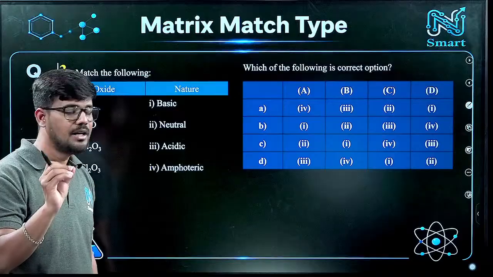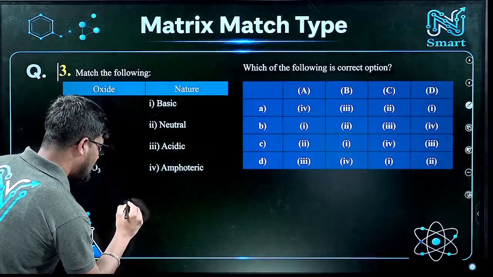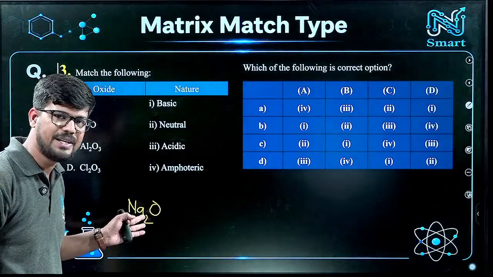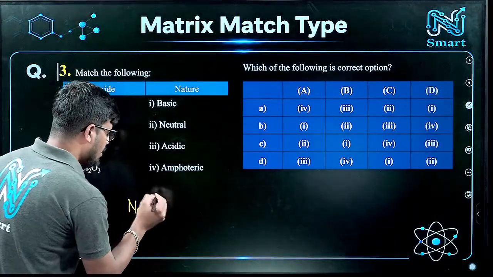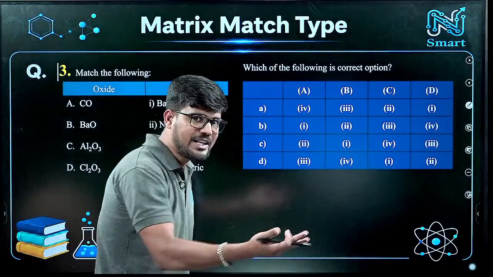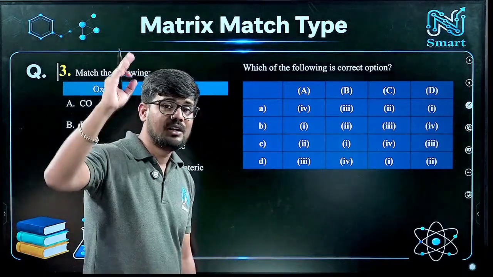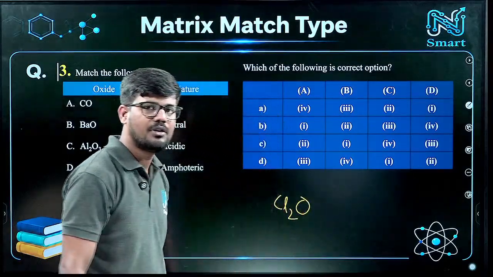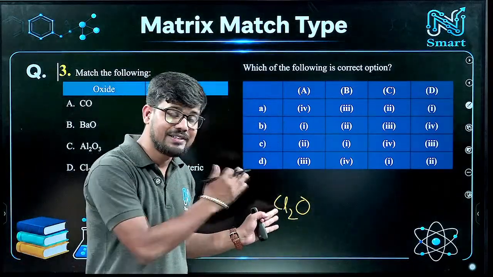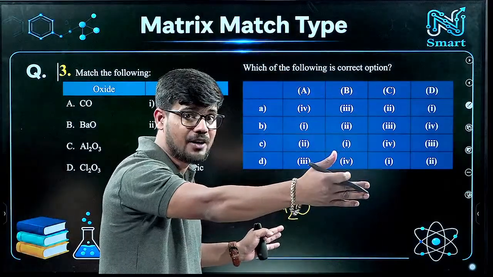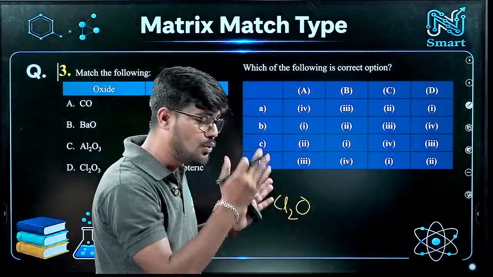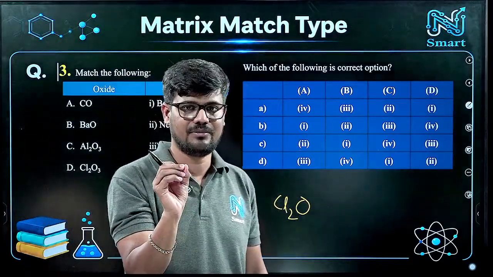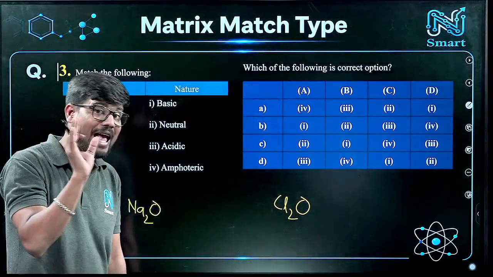If I give an example, Na2O, sodium oxide, basic oxide, right? If I consider non-metal oxide, let's consider Cl2O. Both are non-metals, and chlorine is towards the right side of the periodic table, right? So when something comes from the right side, that should give acidic oxide. That must be acidic oxide.